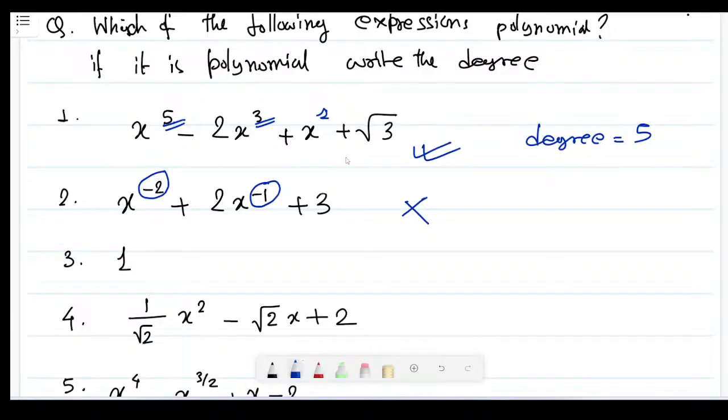Okay. Next, this is a constant polynomial. Yes, this is a polynomial also, because 1 we can write as 1 into x to the power 0. So this is a constant polynomial, so the degree is 0, because you can write the 0 here also.